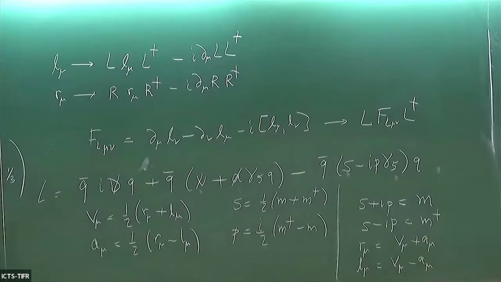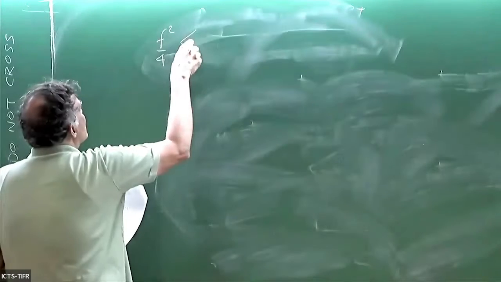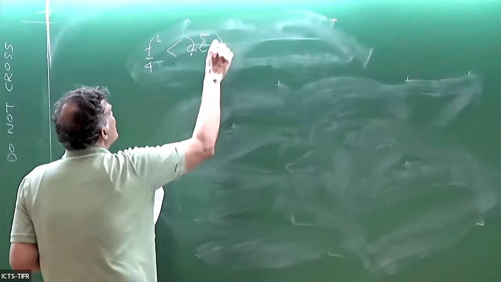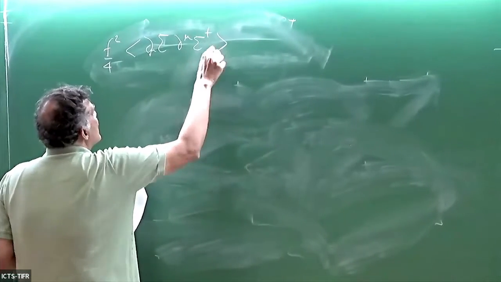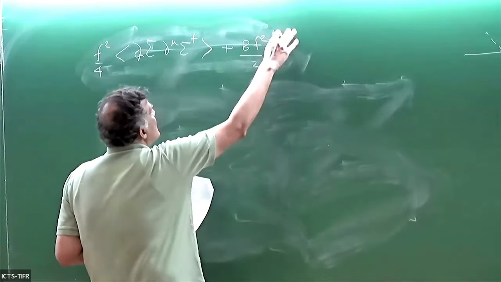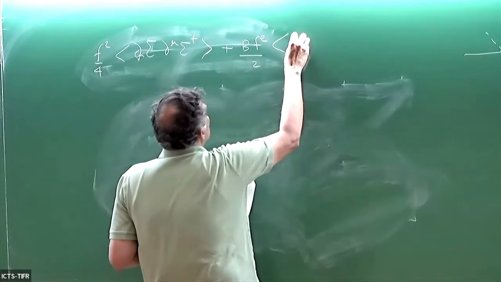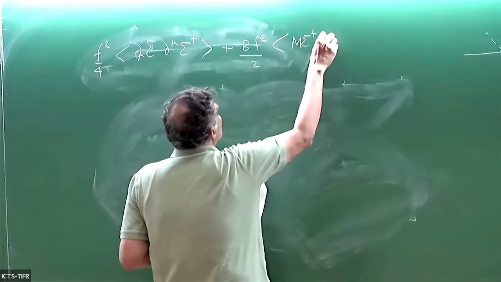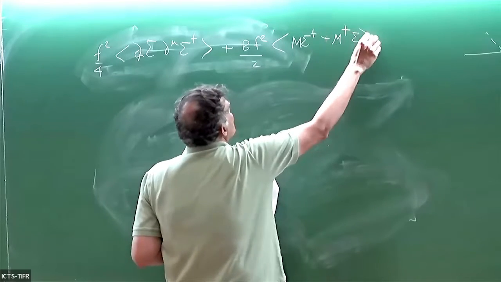Okay. Now, if you remember when we did the meson masses, we had f squared over 4, the trace of d_mu sigma d_mu sigma dagger, and then we had b f squared over 2, the trace of M sigma dagger plus M dagger sigma.